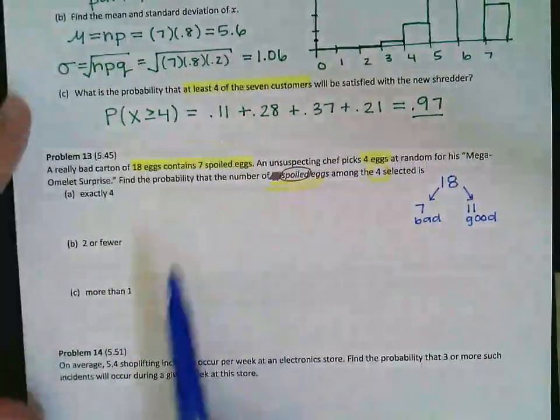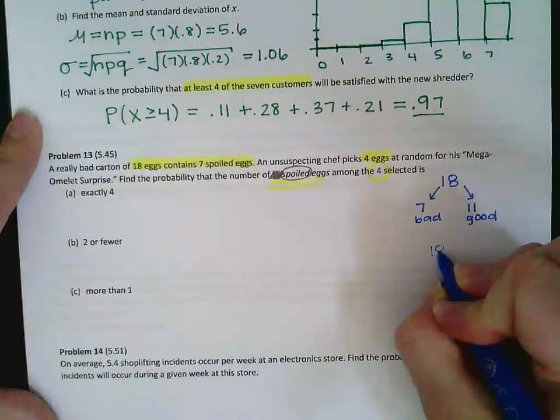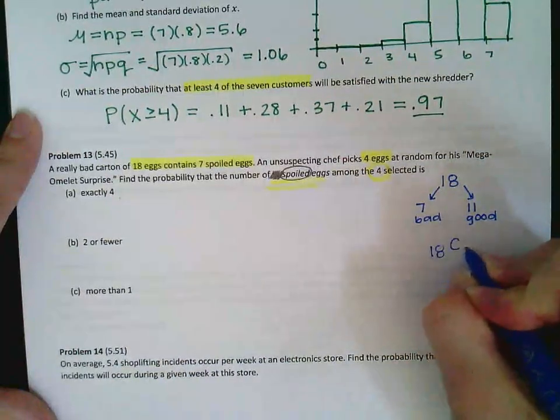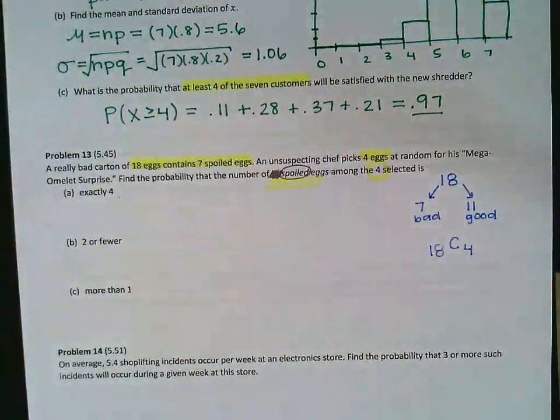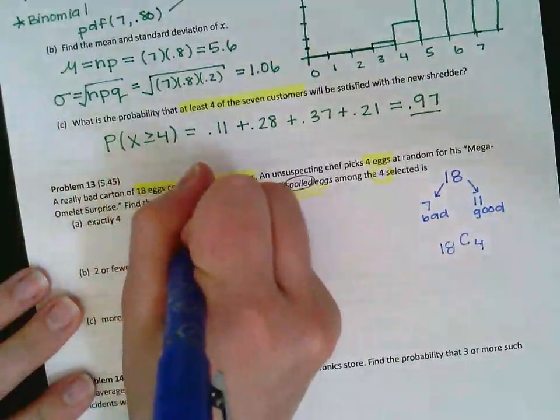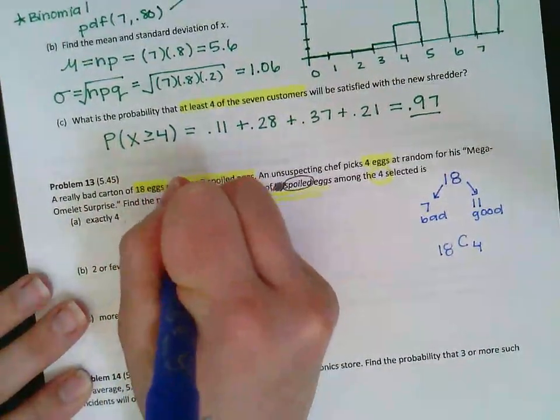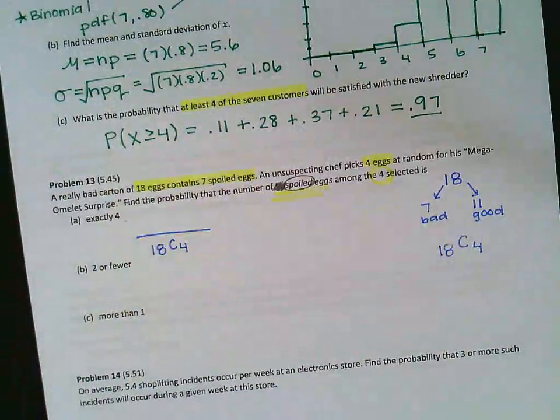And all of my outcomes here are going to have a denominator of, out of this 18, choose any 4. That's going to be my denominator for every single one. So I'm going to write 18 choose 4. We'll do this one here in just a second, but that's going to be my denominator.